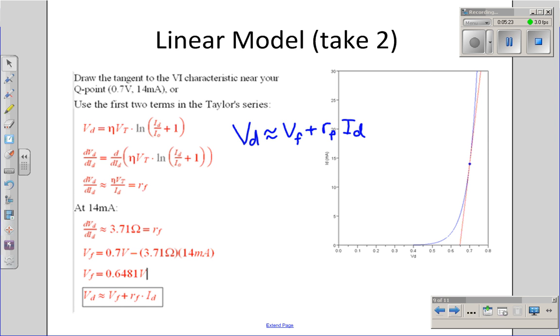Essentially what I'm doing is taking my Q point, or where my operating point is as a guess, and drawing the tangent to it. That's the red line.